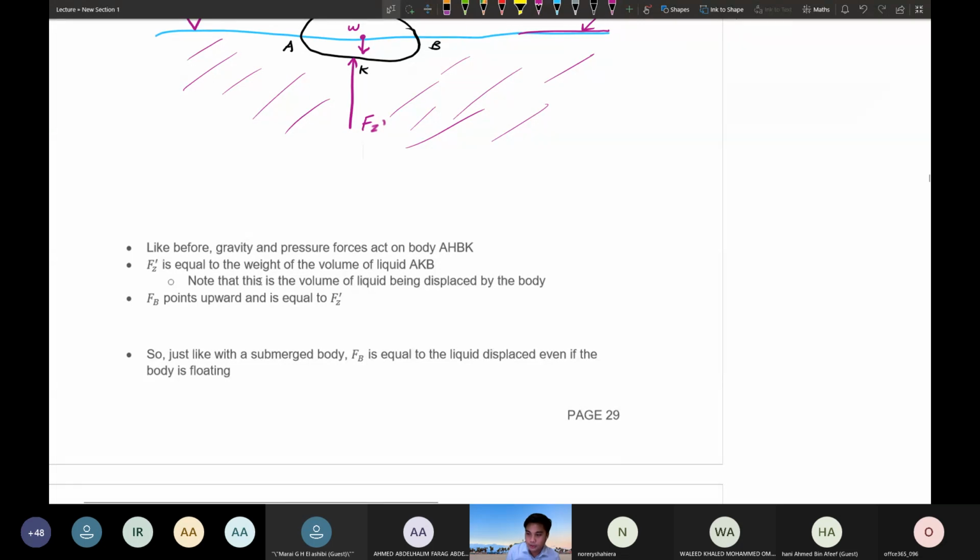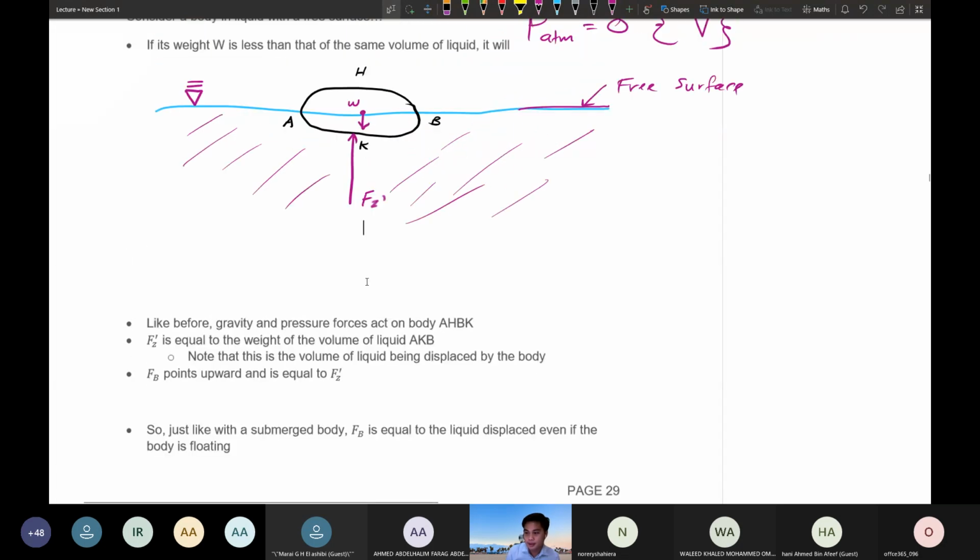Fz prime equals the weight of the volume of liquid AKB. Oh, it is the same, because AKB is the volume of fluid displaced.